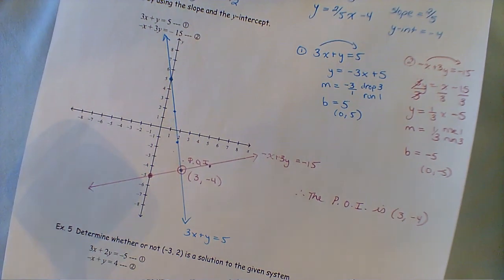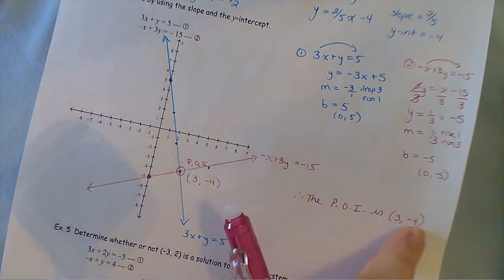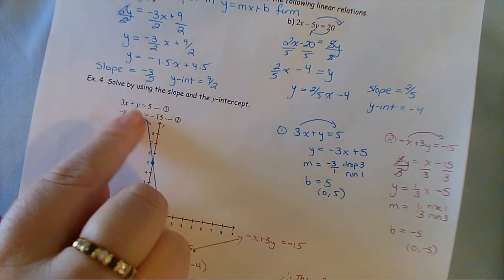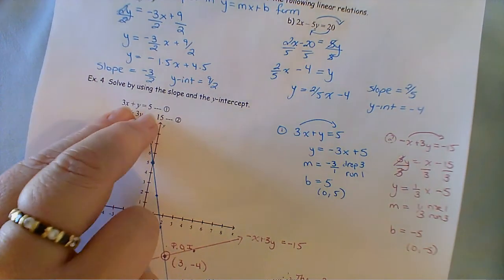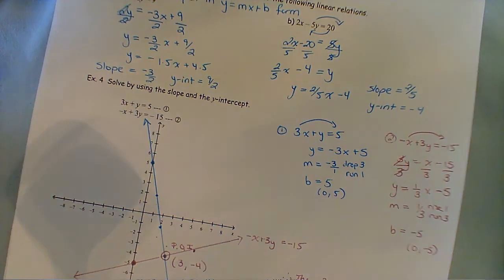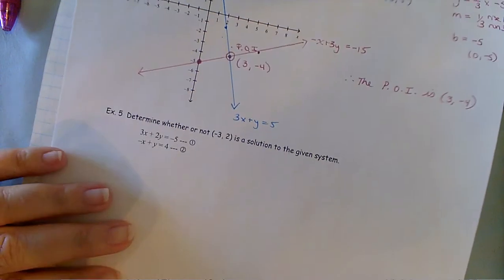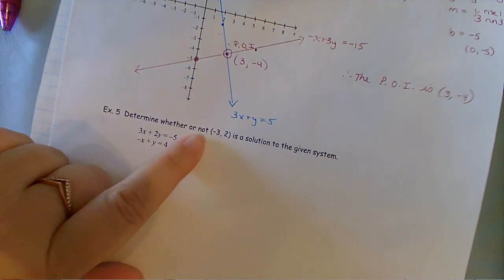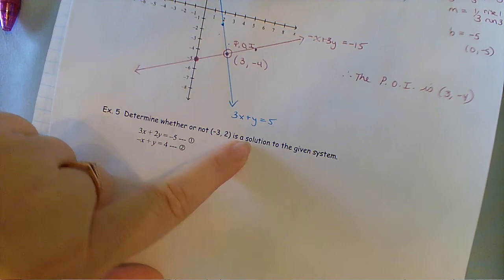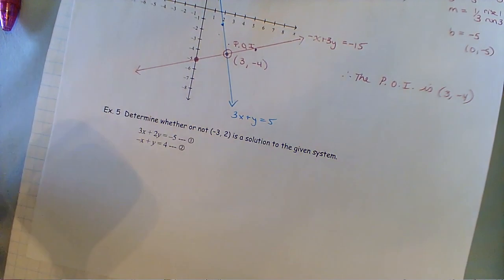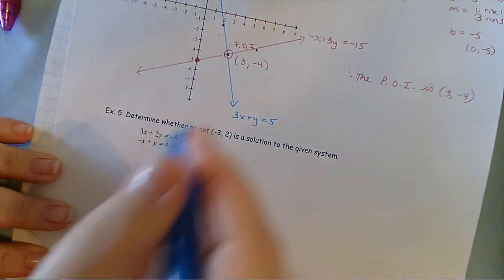And again, if you were to sub in 3 for x and negative 4 for y into each equation and check to see that left side is balanced with right side, it should work. And again, here's another testing situation. Last question. Determine whether or not negative 3, 2 is a solution to the system. So we don't have to graph and check.